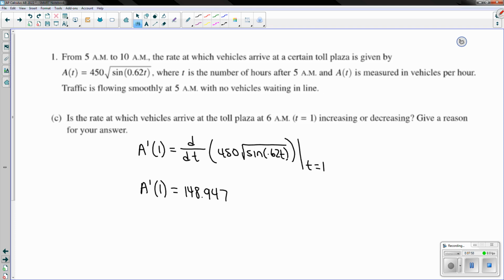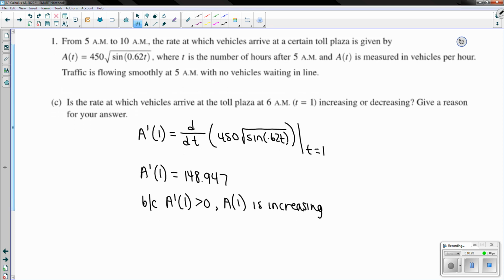Now, we got our answer for the derivative at that specific time. We see that that value is greater than 0, so we can now give a reason for our answer. We can say, because a prime of 1 is greater than 0, a at 1 is increasing. Or if we don't want to just say a of 1, we can give a little more detailed answer here.